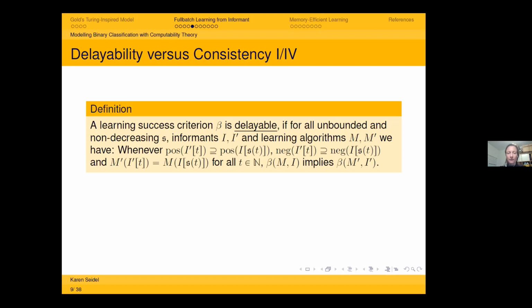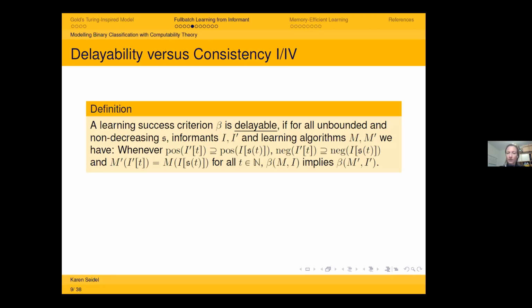And if I have these properties, that seems quite technical, but you can, for example, think of M prime as one that delays every output by one, or only uses the first half of the data to output its hypothesis.